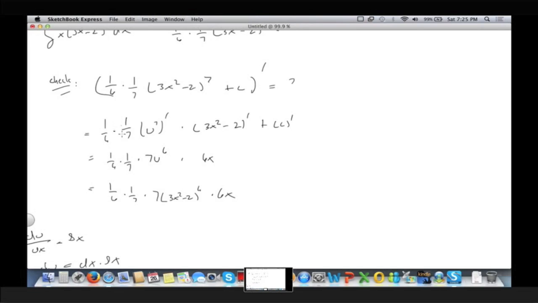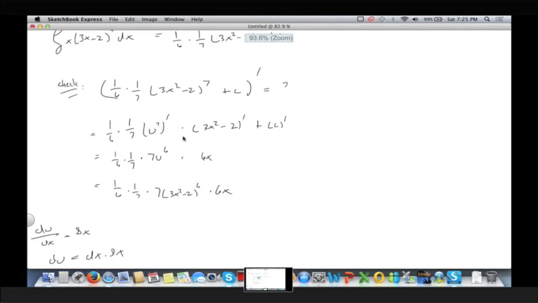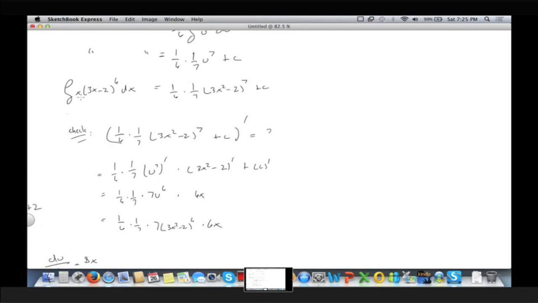I wasn't quite sure how to handle these fractions up front, but I think I did this part correctly. I could be wrong. So now what? Okay, so now I need to check if this is the same.